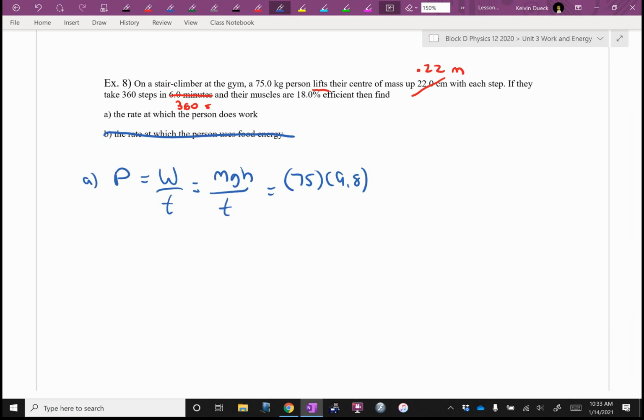What's the height that this person is climbing? Why isn't it 0.22? Oh, 360 times of those? Okay, so 360 times 0.22, gotcha. Divided by time, 360.